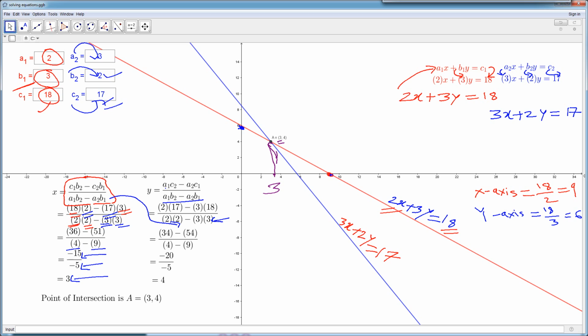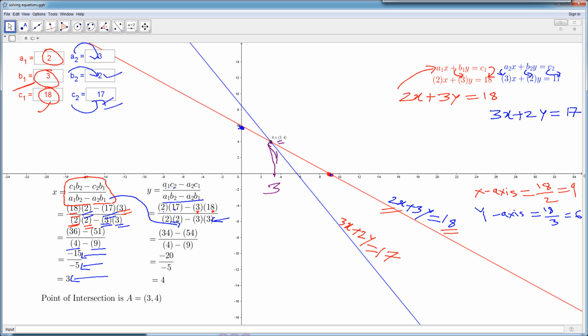Value of a1 is 2. Value of c2 is 17. Value of a2 is 3 and value of c1 is 18. Substitute these values. So y becomes 2 into 17 minus 3 into 18 upon 2 into 2 minus 3 into 3.